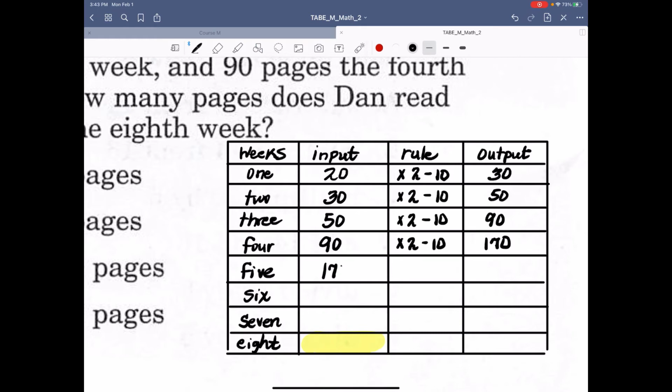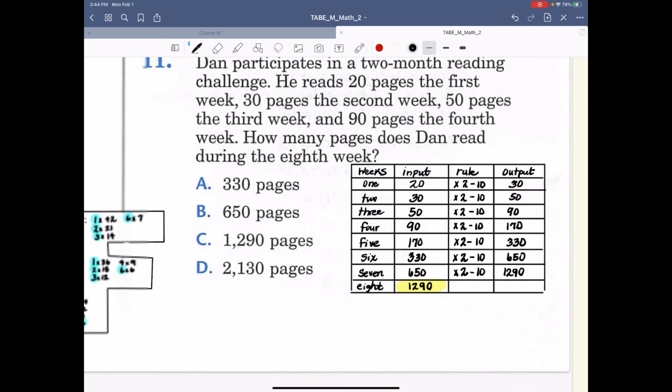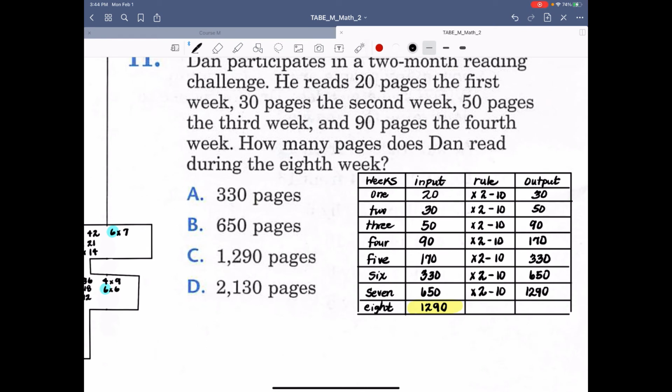Then 170 times 2 is 340, minus 10 is 330. 330 times 2 is 660, minus 10 is 650. 650 times 2 is 1300, minus 10 is 1290. And look at this. There is the missing piece. So for number 11, I like C.